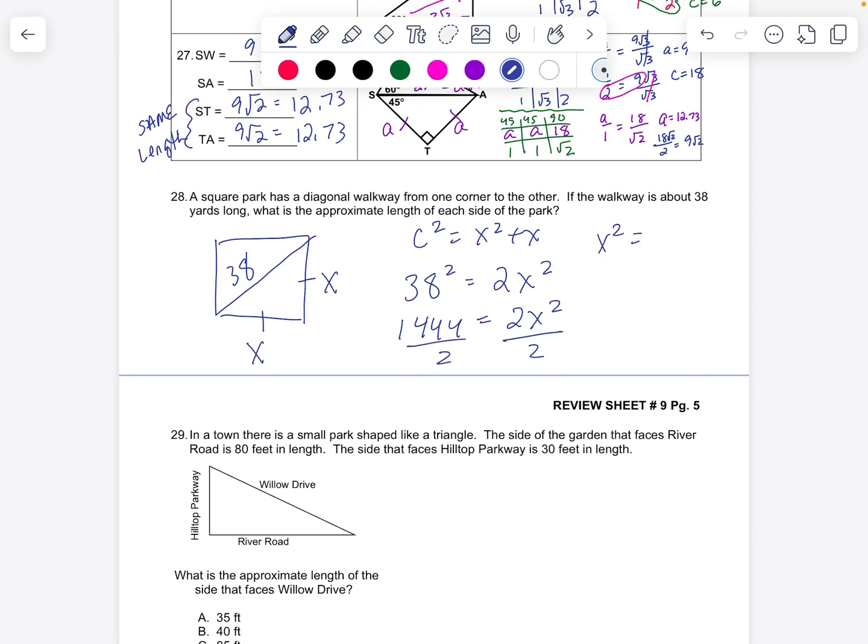That's going to give you x squared equals 722. You then find the square root. So take the square root of 722. And that's going to give you approximately 26.87. And this is yards.